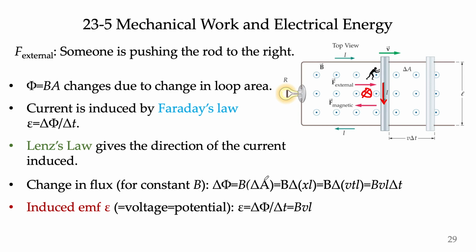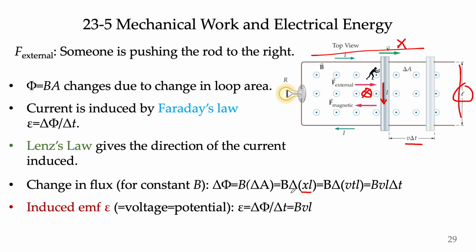I can write this area as L times the distance, so X times L. And I can write the change in X as V times delta T. L is not changing, so it comes out of the delta.